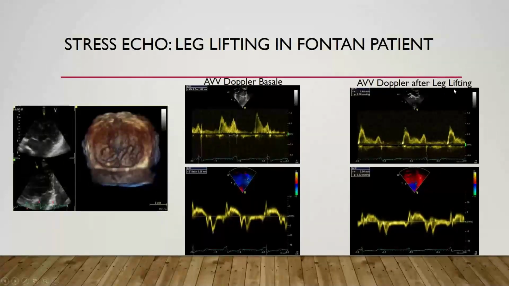After leg lifting, you can see that the E wave went down. There was the appearance of an L wave, and also E prime went down. So we can get additional information by adding this approach.